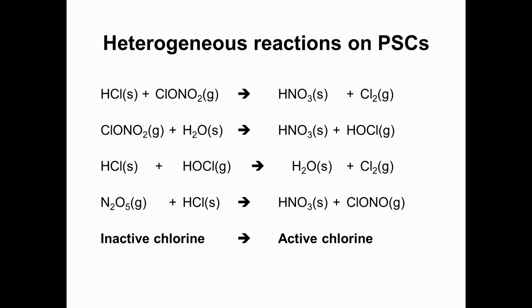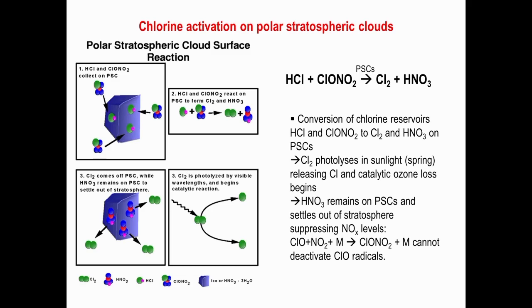So everything's trapped in the reservoir species normally, so you can't get runaway ozone destruction. Then everything gets locked up in the polar vortex. Everything gets colder. The polar stratospheric clouds form. The reservoir species react on the surface of these clouds and release these gases. And then nothing happens until the sun comes out.